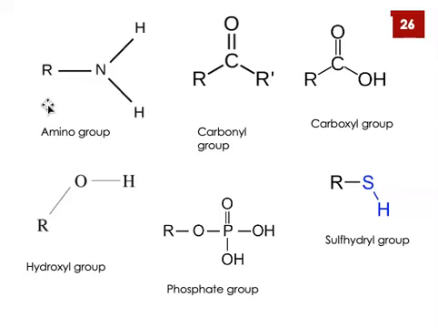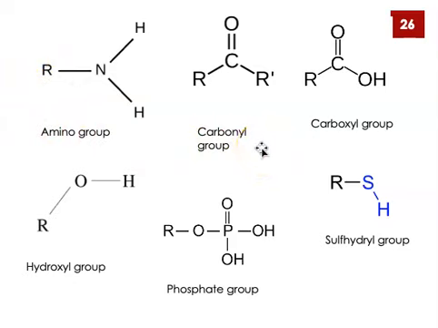When we draw an R with a functional group, the R just represents the rest of the molecule. So this is an amino group. And all an amino group is a nitrogen atom and 2 hydrogen atoms. And it's going to be attached to the rest of the molecule.